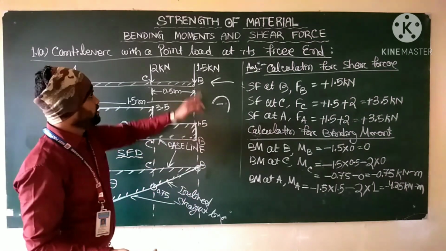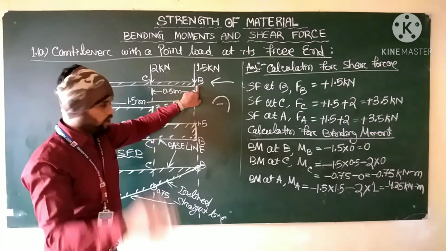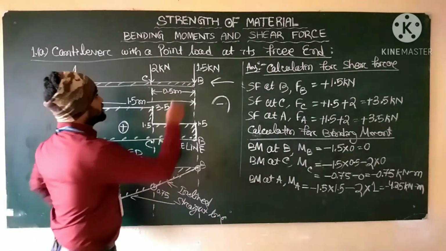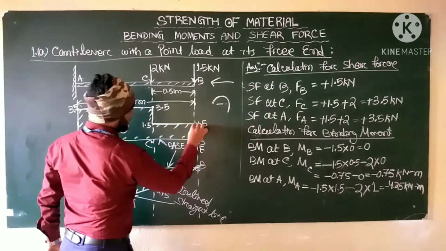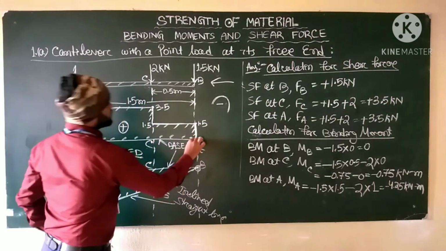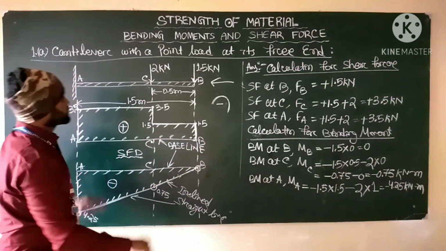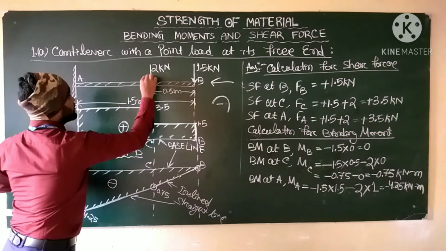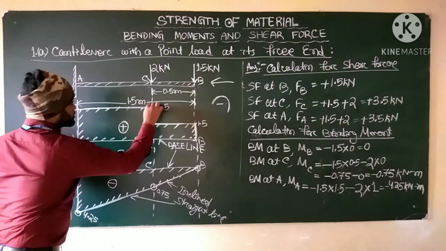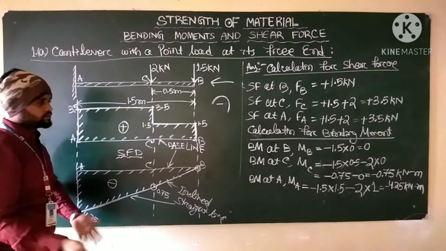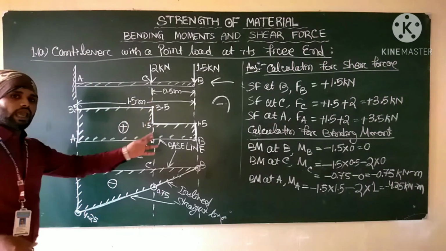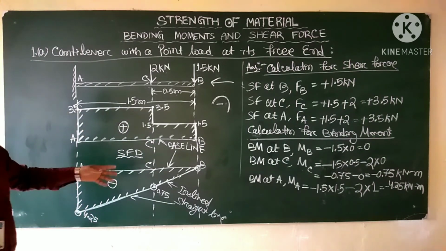Also we have read that due to a point load the shear force changes vertically. Here at point B there is a point load, so the shear force line is vertical, and the bending moment remains the same. At point C there is another point load, that is 2 kN, so the shear force changes vertically, and the bending moment remains the same. This is the application of the previously studied chapters.